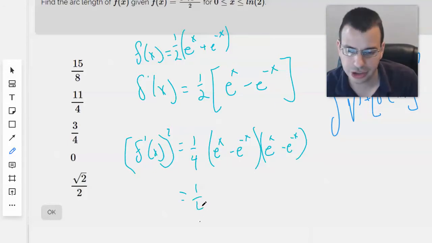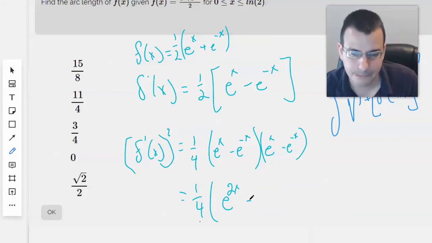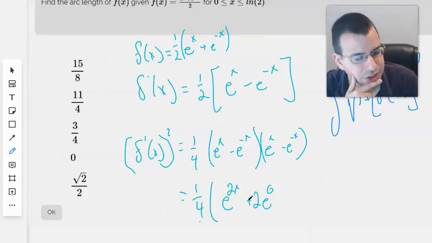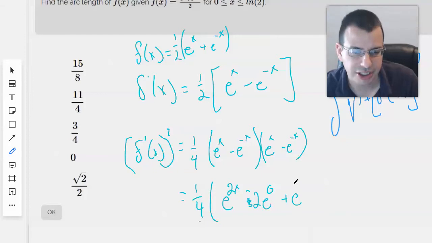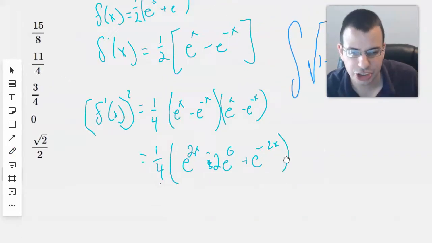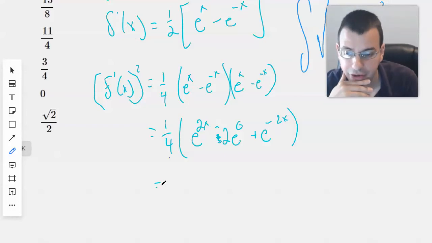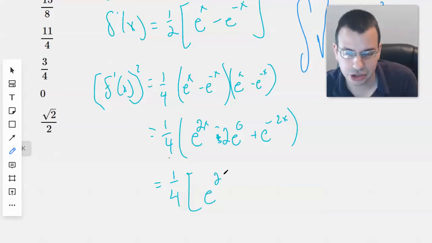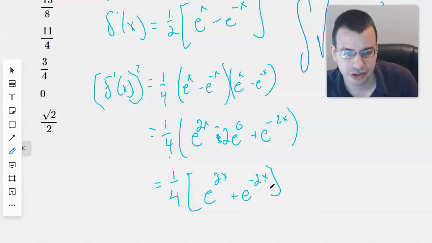When we FOIL this, we'll get something along the lines of e to the 2x plus 2e to the 0, or is it minus 2e to the 0? Minus 2e to the 0 plus e to the negative 2x. There we go. This e to the 0 then just becomes 1. So we have 1/4 times quantity e to the 2x plus e to the negative 2x.